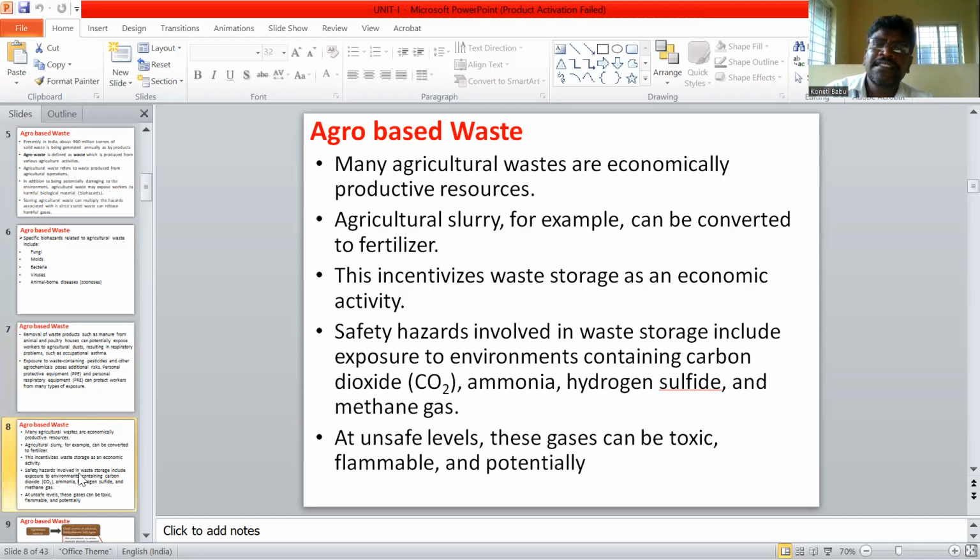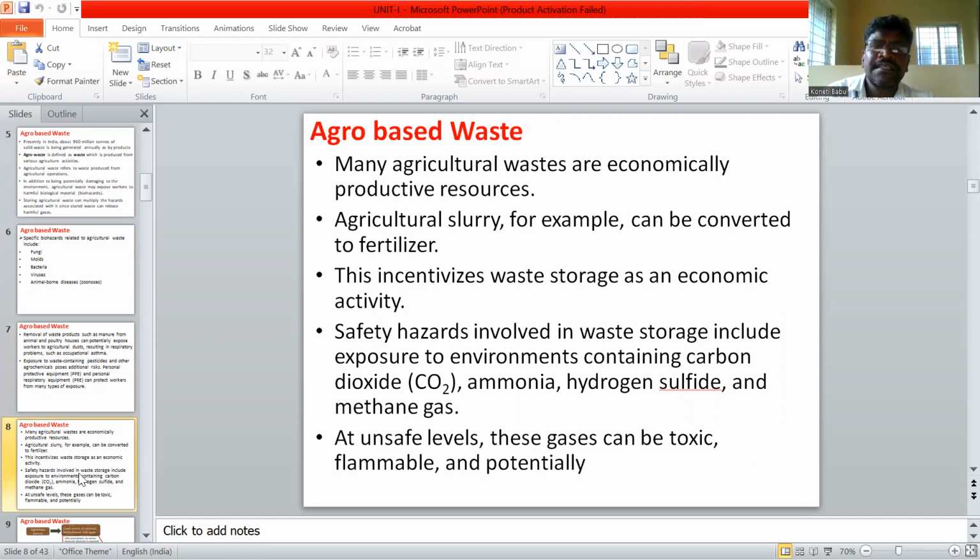So that is the agricultural slurry, for example, can be converted into fertilizers. The wastes can be stored in landfill areas and converted into fertilizers. Okay, this incentivizes waste storage as an economic activity.